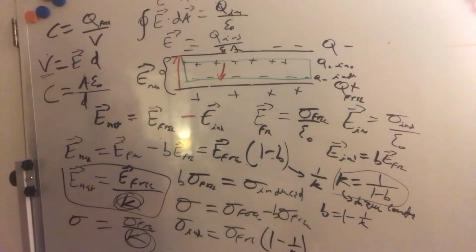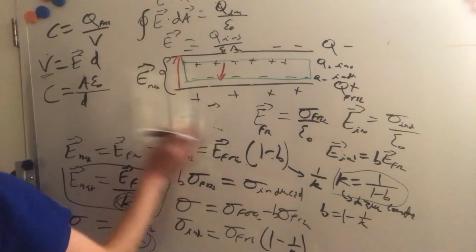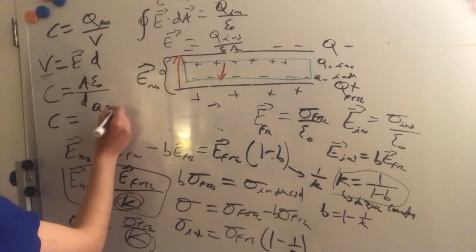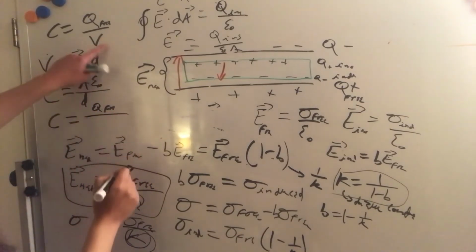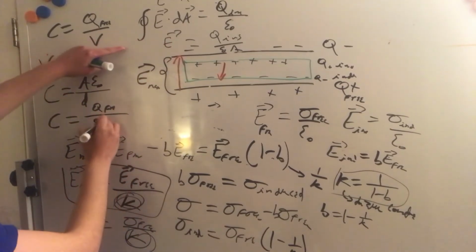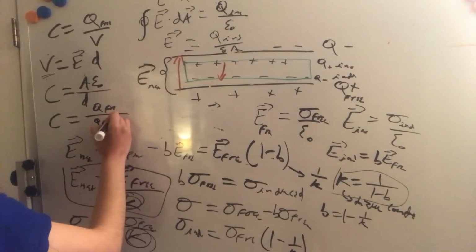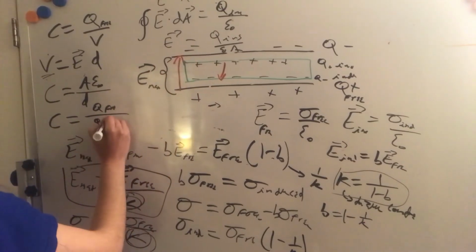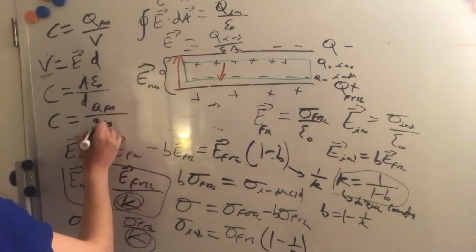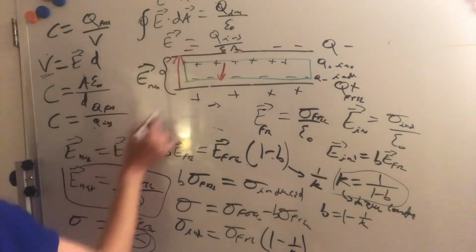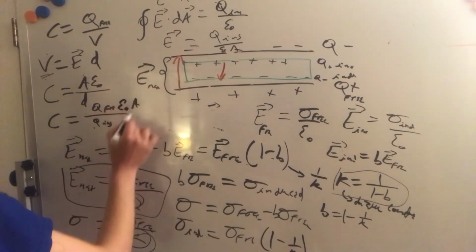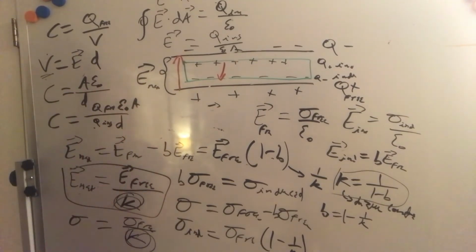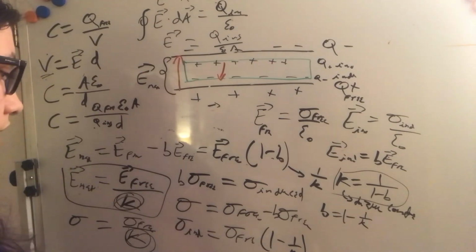So the capacitance is equal to Q free divided by the voltage, that would be the Q inside divided by epsilon naught times area, times a distance. What's the charge inside?